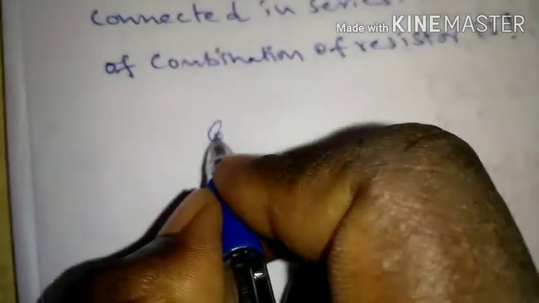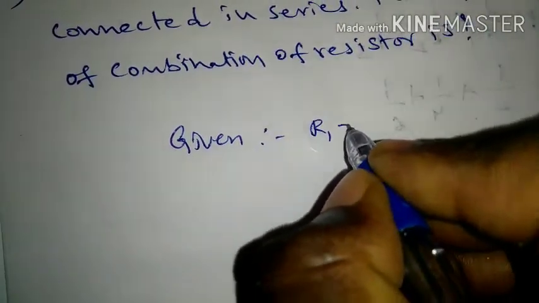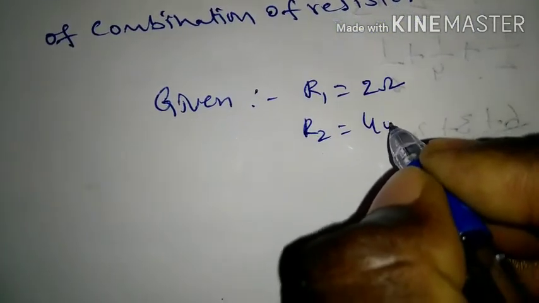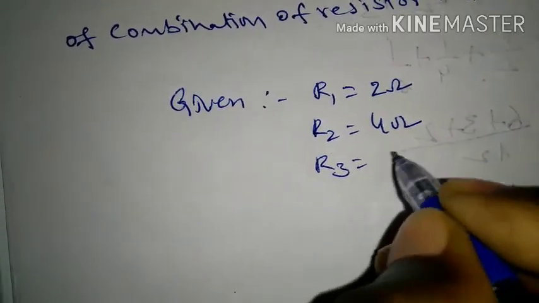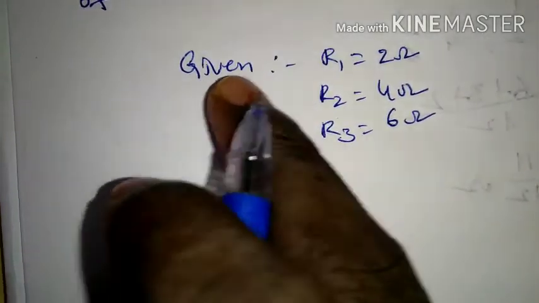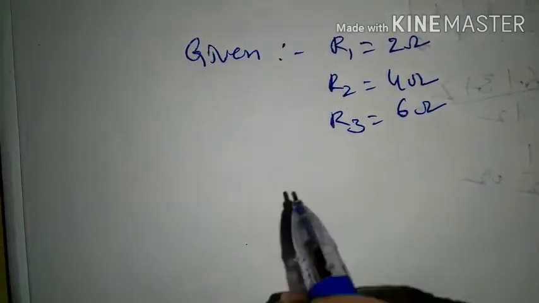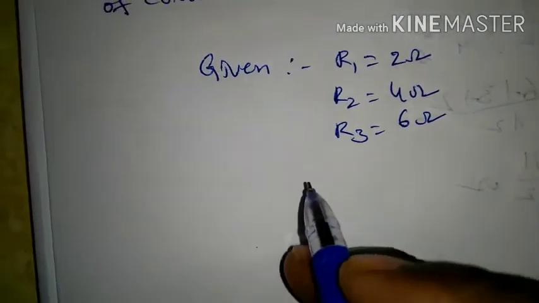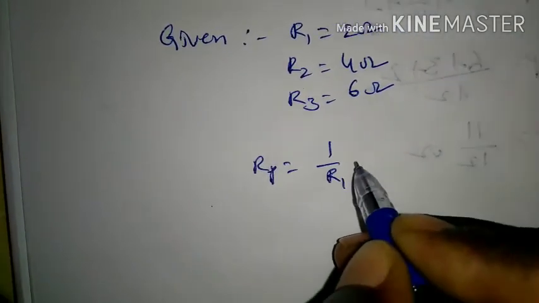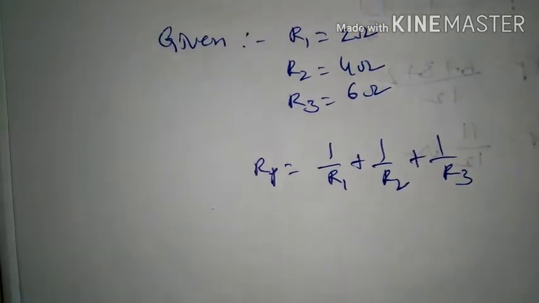First, given data: R1 is equal to 2 ohms, R2 is equal to 4 ohms, R3 is equal to 6 ohms. This is the parallel combination formula: 1 by Rp is equal to 1 by R1 plus 1 by R2 plus 1 by R3.